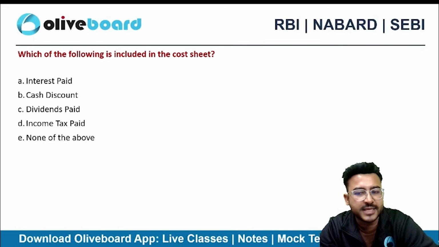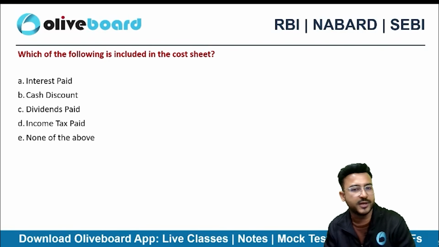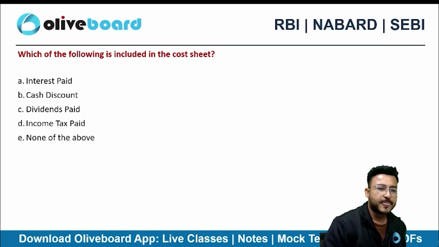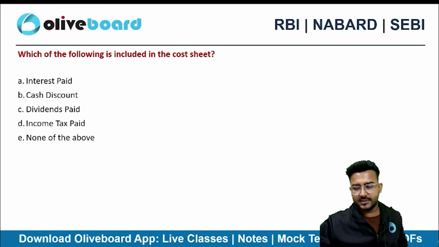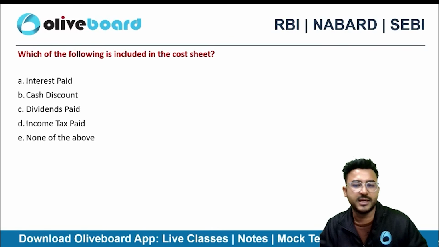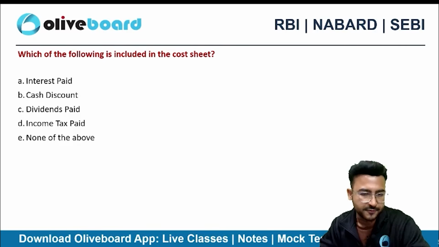Because all these items are items of financial accounting and not cost accounting, right? Interest paid, cash discount, dividend paid, income tax paid, all these things are matters of financial accounting and not cost accounting. And we have seen the entire list multiple times related to this stuff, right?